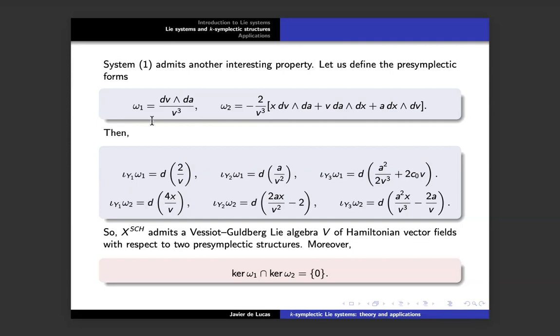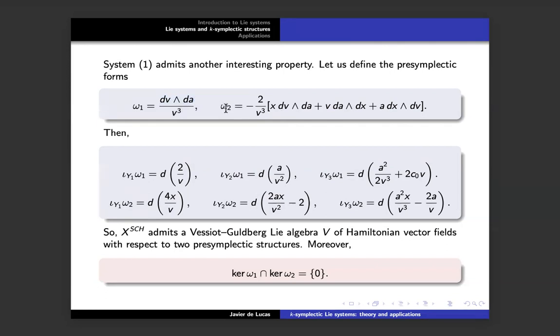These two forms are not symplectic because they have a kernel, both of them. Indeed, for this first one, the kernel is the partial derivative in x, okay? And in here, I don't remember now exactly which it is. I should work it out, but it also has a kernel. Indeed, it is a differential two-form on a three-dimensional manifold.